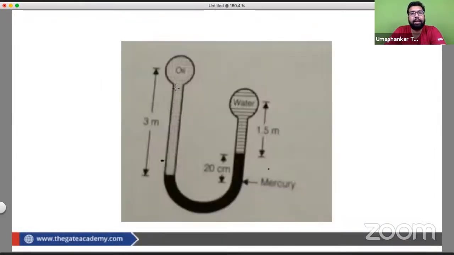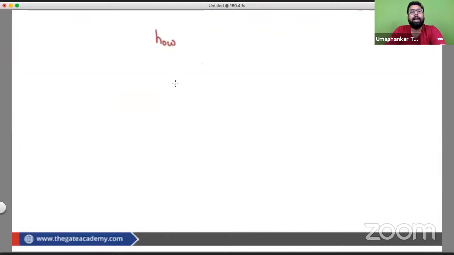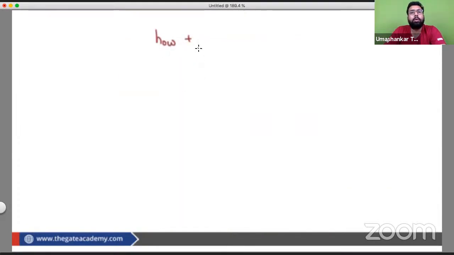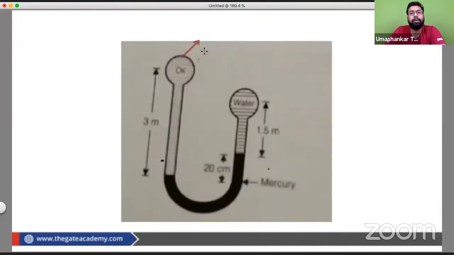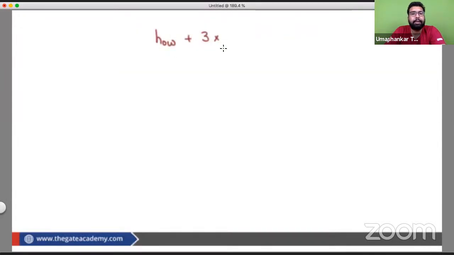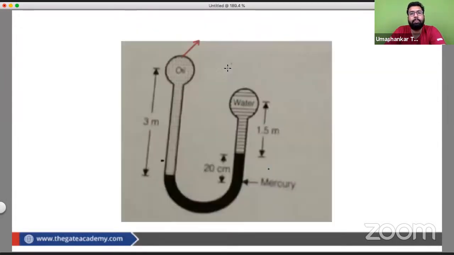So let's write it as H_OW. We are moving downward, so we shall add. I started from here. So we are moving downward, so we must add: plus 3 into the specific gravity of oil. They have given the density as 900, so we multiply by 0.9.